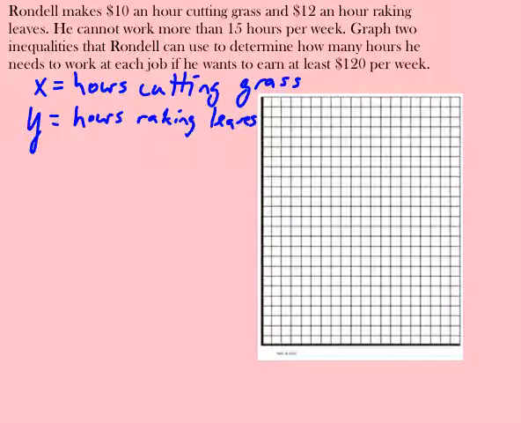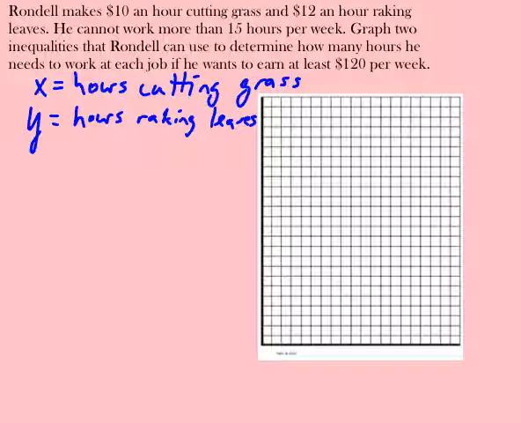Alright, so there's 2 things here. First thing is he cannot work more than 15 hours per week. Graph 2 inequalities that Rondell can use to determine how many hours he needs to work at each job if he wants to earn at least $120 per week.